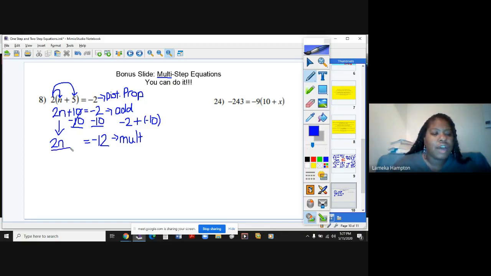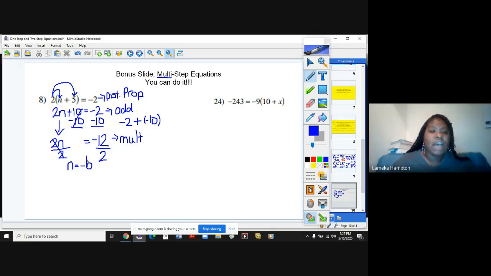So I'm going to divide by 2 because remember, I want my letter to be by itself. So I have to divide by the number with the variable. When I do that, that crosses out, and that leaves me with n is equal to -6.